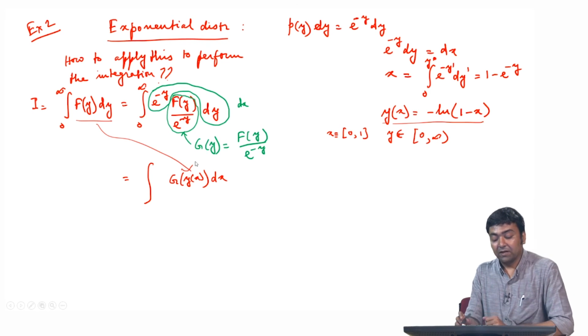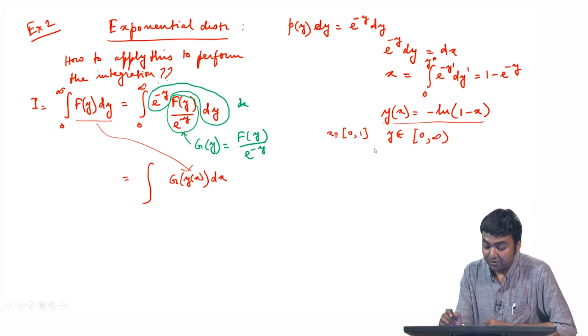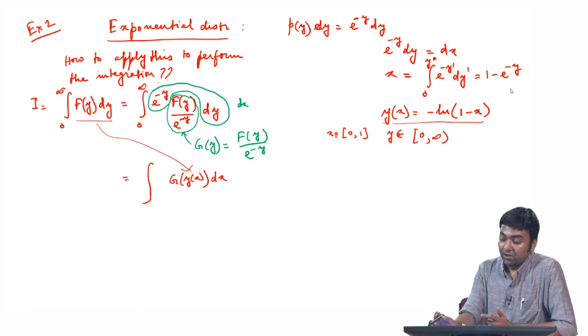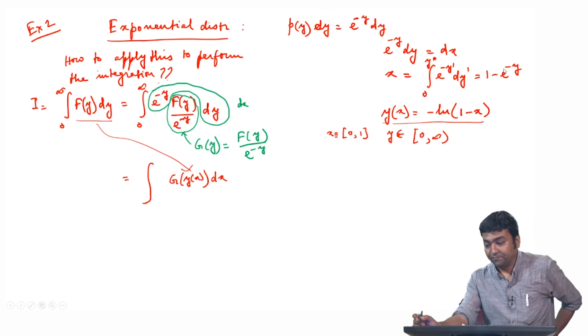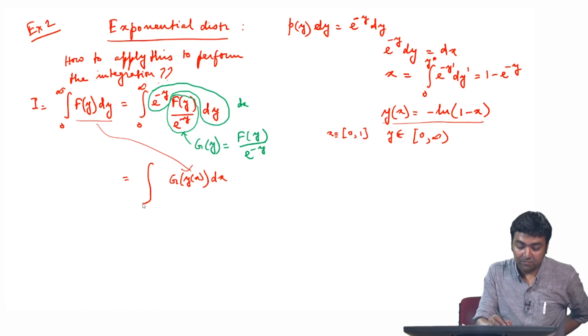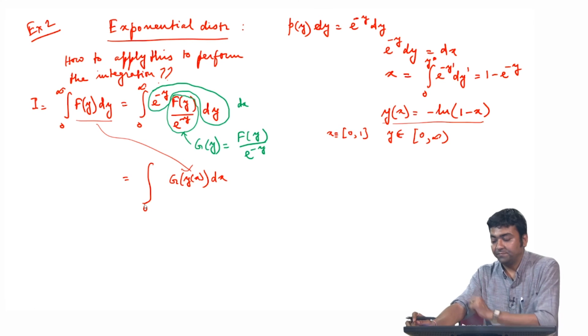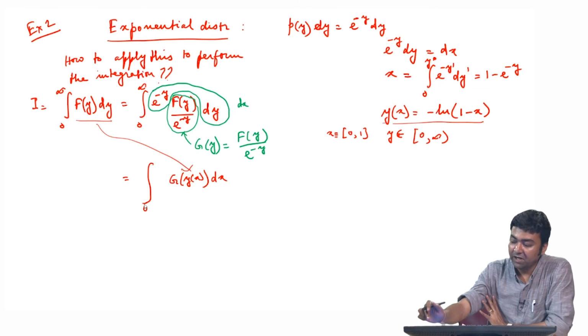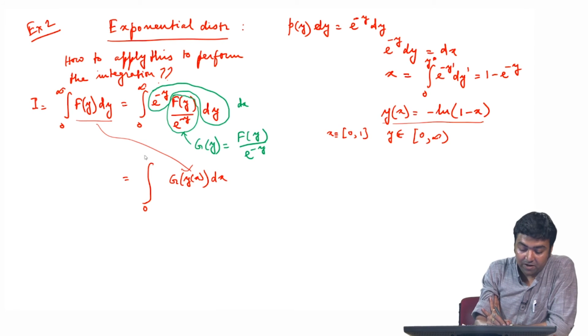Now, what will be the limits? We need to go the other way around. When my y is equal to 0, x will also become 0, but when y is infinity, x becomes 1.